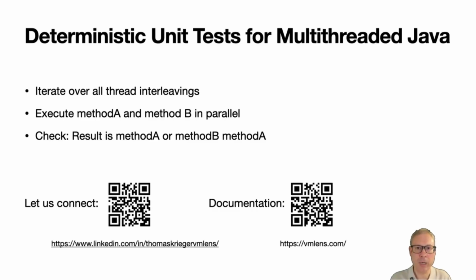This is all done by VMLens in the background. And then to test if our class is actually thread safe or not, we can execute our methods in parallel and then check the result by checking if it's either only the result of the method call, or if there was another thread calling a different method before our method call.